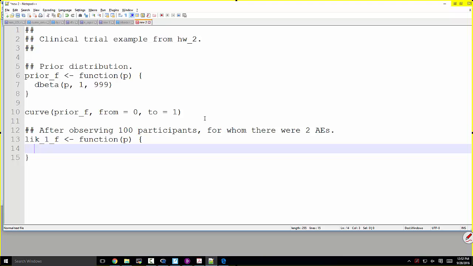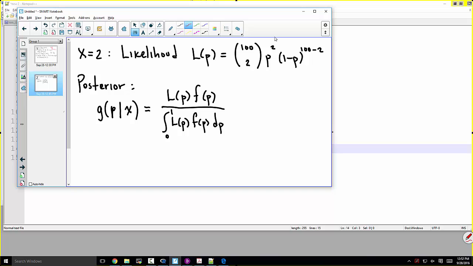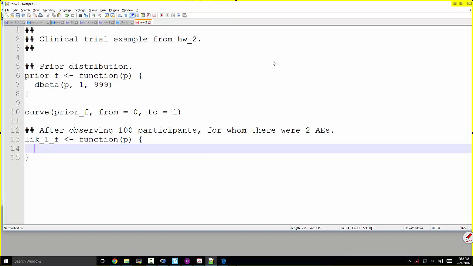My likelihood function is, like we said back here, a binomial PMF. So give me the probability function, d binom. Evaluate it at 2 successes out of 100 trials with probability p of success each time.